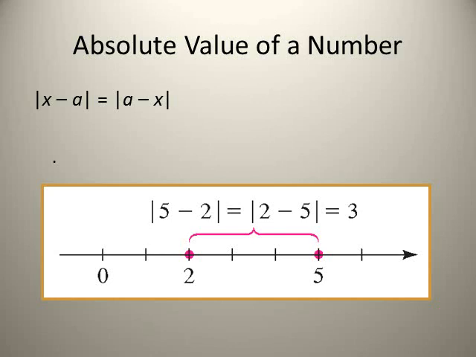The distance between 2 and 5 will be 3 units, right? But if I say absolute 2 minus 5, the meaning is still the distance between 2 and 5, and also it will be 3 units. So absolute x minus a equals absolute a minus x.